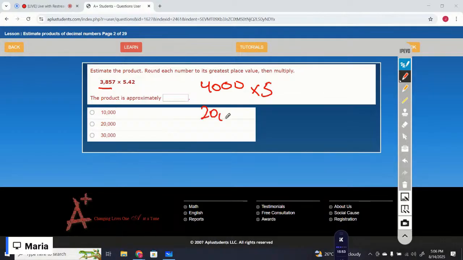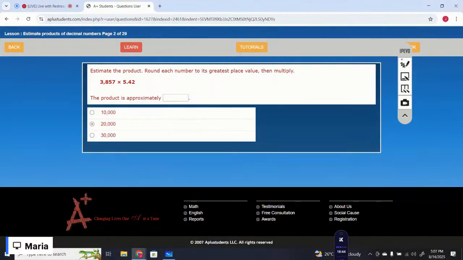So 5 times 4 is 20, and 20,000 it is. Option number 2 is the correct option, 20,000 it is.